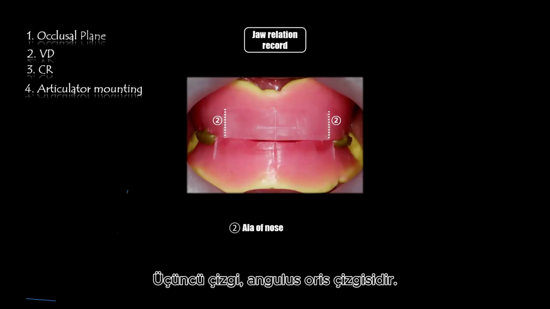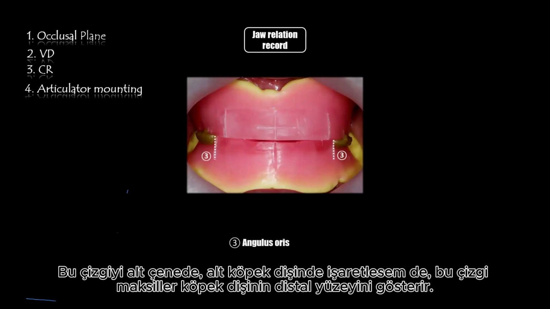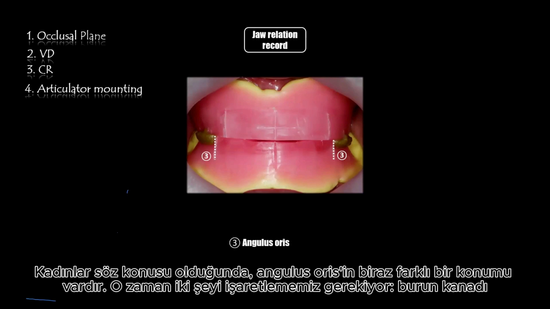The third line is the angulus oris line. Although I mark this line on the lower occlusal wax rim, it aligns with the distal surface of the maxillary canine. In the case of women and girls, they have a slightly different position of the angulus oris.